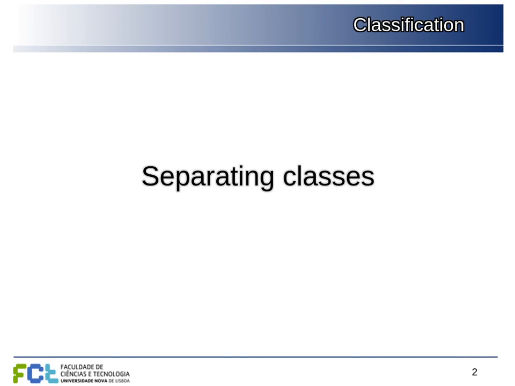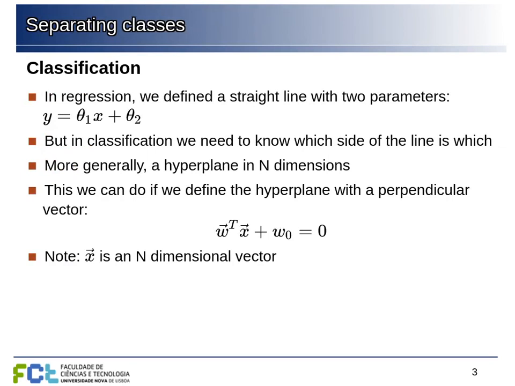So let's start with this problem of separating classes of examples. In regression, we use that example of the straight line. For instance, the first example that we saw, we defined this class of hypotheses, a set of all straight lines. We decided to use that one, and we created this model which allows us to specify any straight line given these two parameters, the slope and the intercept here.